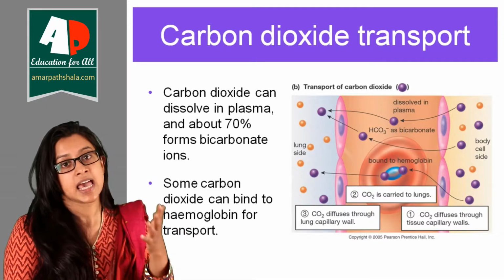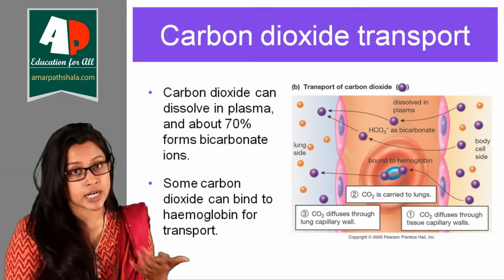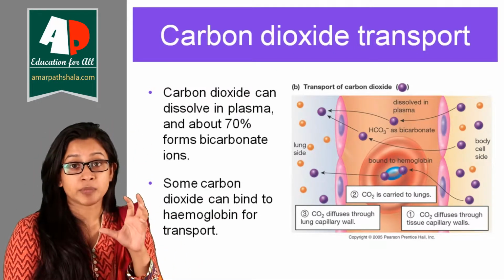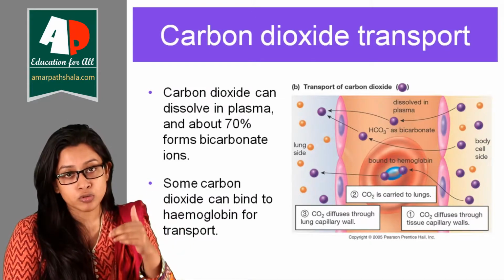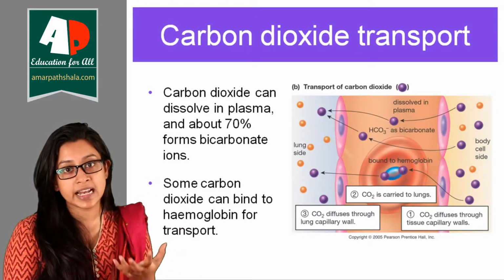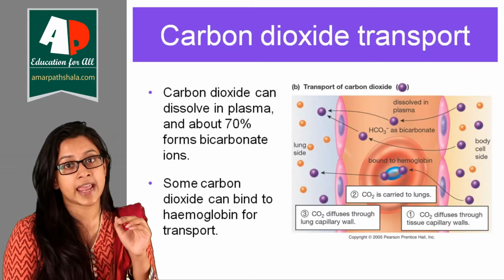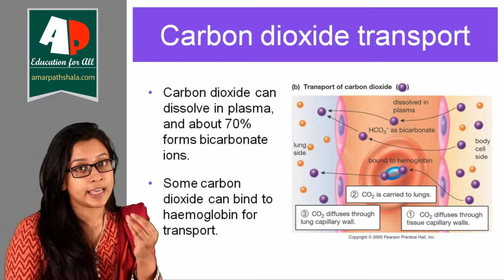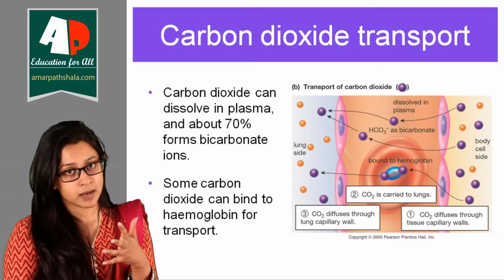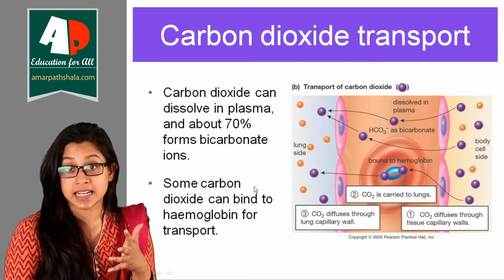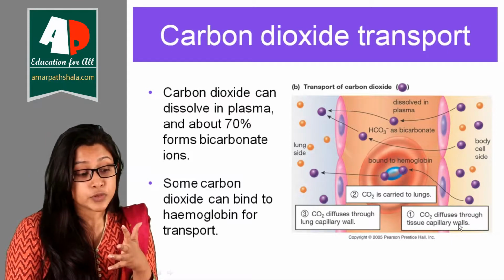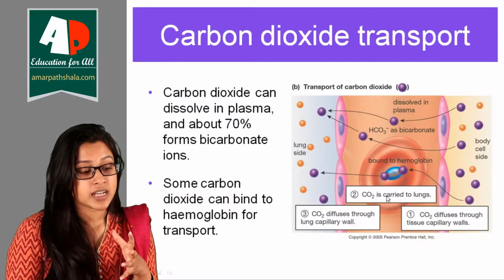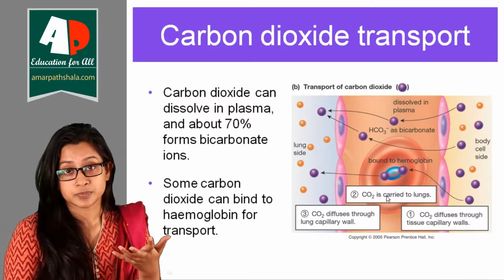We learned that oxygen from the alveolar sac seeps through the alveolar epithelium and into the capillary endothelial cell, wherein it combines with the hemoglobin in the red blood cells. But when it comes to carbon dioxide, it diffuses through the tissue capillary wall, and then carbon dioxide is carried to the lung.